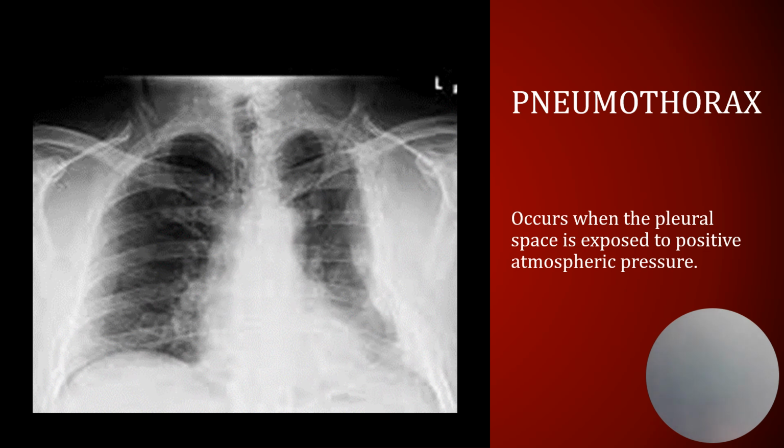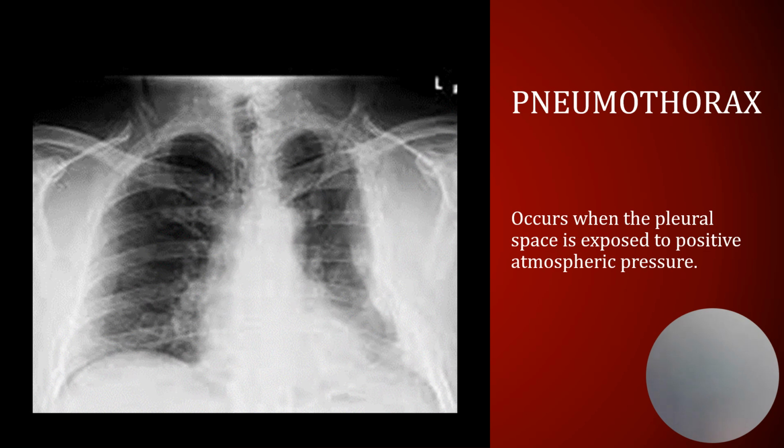And that includes the trachea, because remember, the trachea is attached to those airways going into the lungs. And when you start seeing that tracheal deviation, that is going to be a strong indicator of a tension pneumothorax. A tension pneumo is fatal if it's not promptly detected and treated.